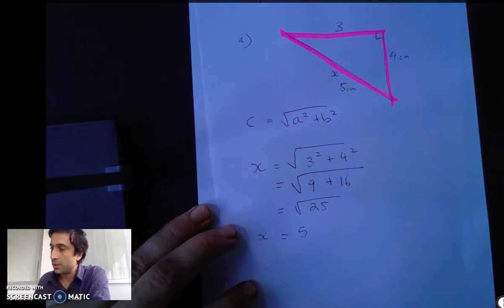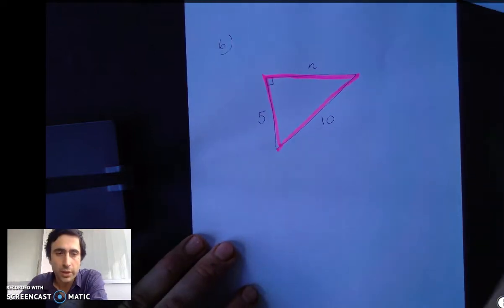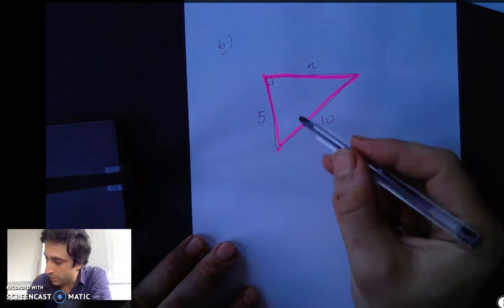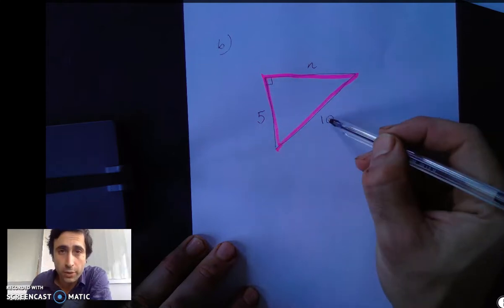Now let's have a look at a different example. Which side are we looking for? Well, we've got one short side, and in this case we've got the long side, so we're actually looking for the short side.